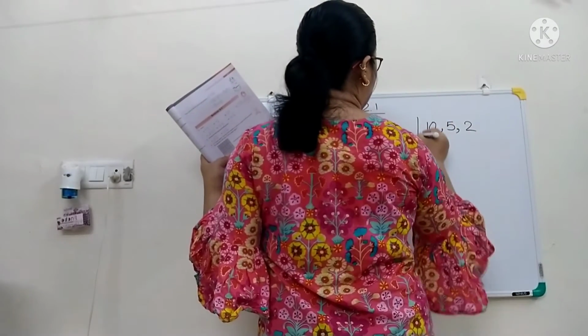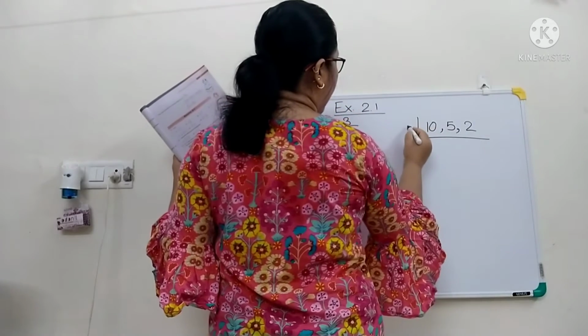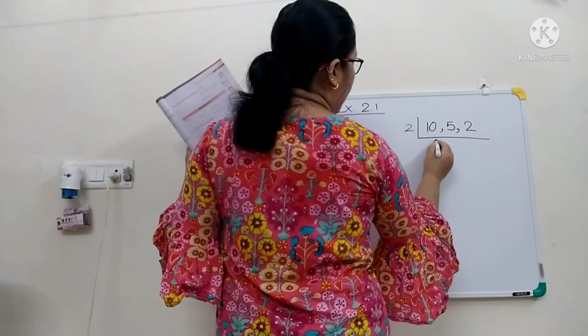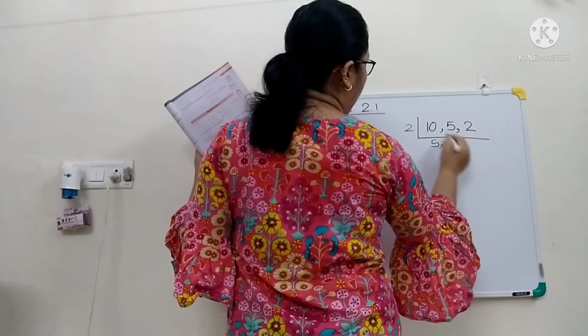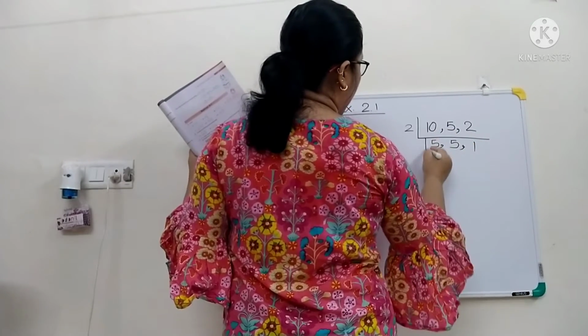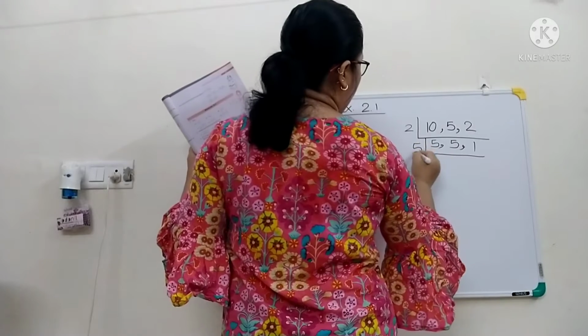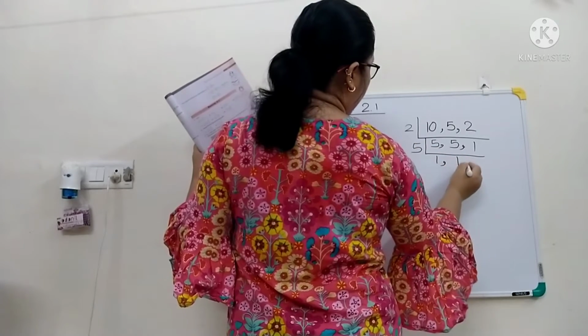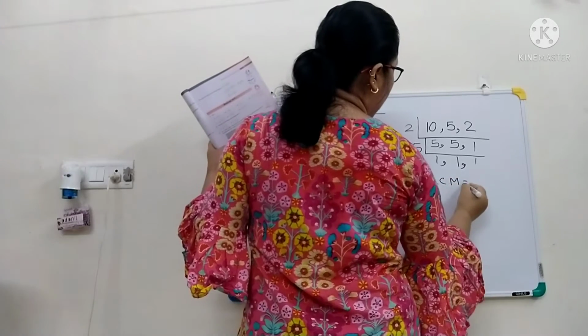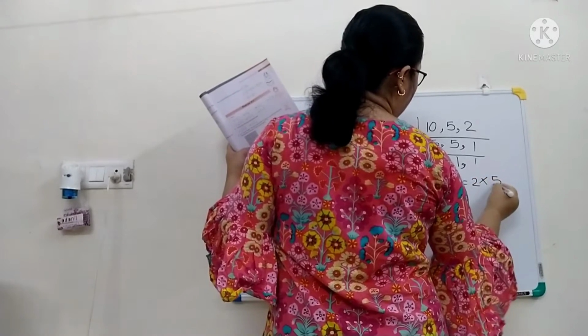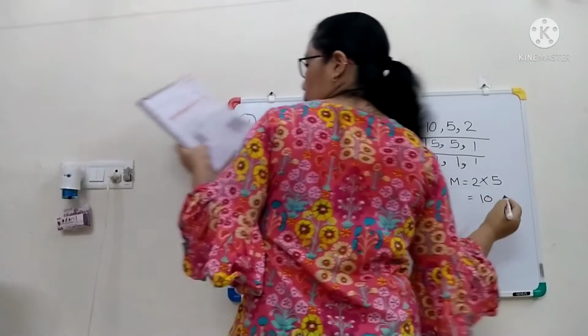You already know that, so I'm not explaining it again. 2 5s are 10, then the 5 and 2 ones are 1. Then again we take 5, 5 1s are 5, 5 1s are 5, 1. Therefore LCM is equal to 2 into 5 is equal to 10.